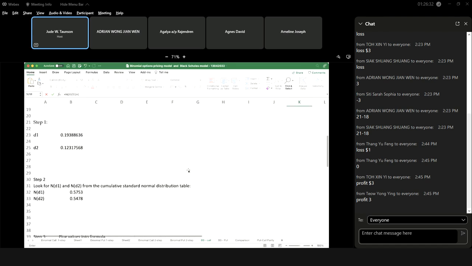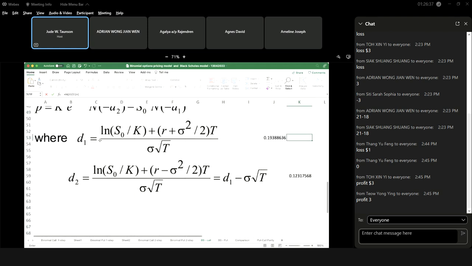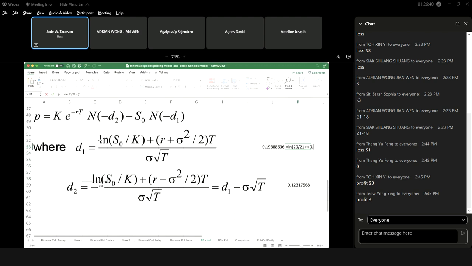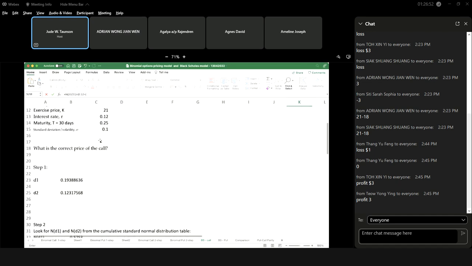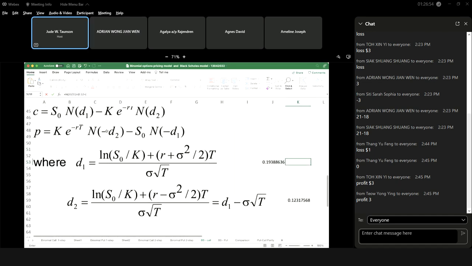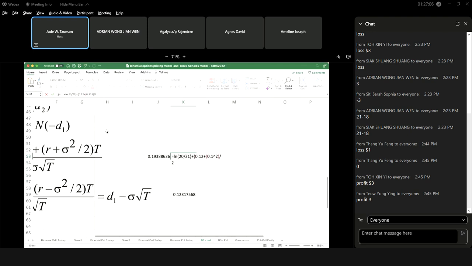If you recall again, 12% interest rate is 0.12, plus what is this? The variance, the standard deviation. Standard deviation is 0.1. 0.1 squared divided by 2.